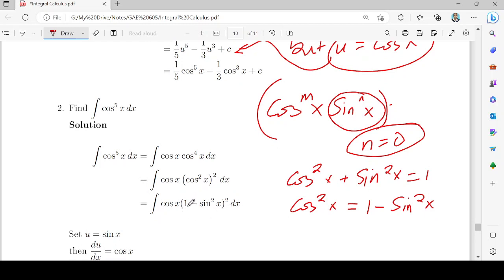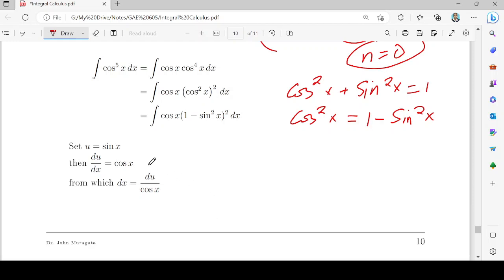Or even before we expand, we notice that now we have a cosine and sine, and cosine of x is a derivative of the sine of x. So we take u to be sine of x, du dx becomes cosine of x, so dx rather becomes du over cosine of x. So where we have the sine, we are going to replace with u, so this term becomes u squared.